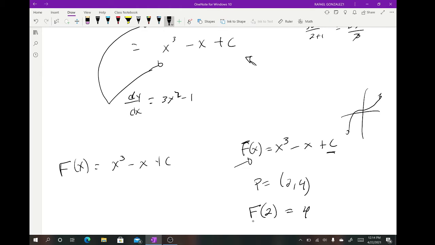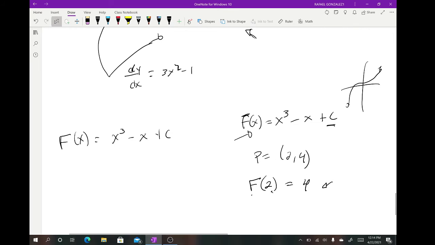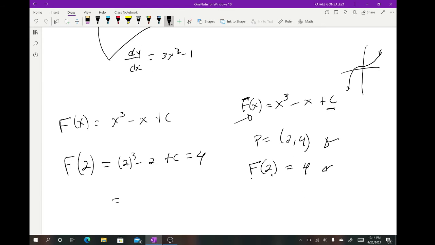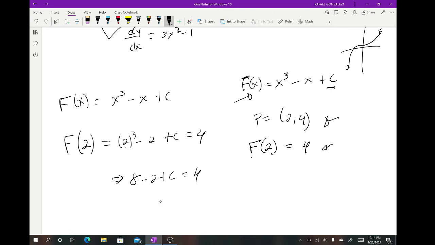But now we know that when you take F and you evaluate it at 2, you get an answer that's equal to 4. So we have really F of 2 is equal to 2 cubed minus 2 plus c. That has to be equal to 4 because the point (2, 4) is given. And that means that 2 cubed is 8 minus 2 plus c equals 4. So we have 8 minus 2, well, that's 6, plus c equals 4.